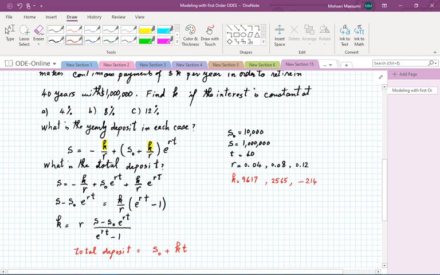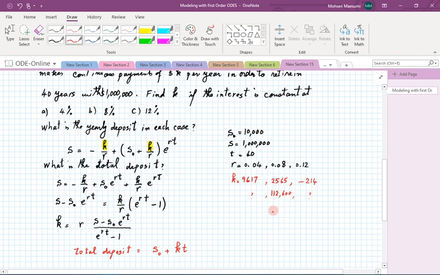So that's the total amount of deposit that you have. We can go ahead, for each of these, make a calculation of what this will be. For example, $10,000 plus 40 deposits of $2,565 a year makes almost like $112,600. You go ahead and calculate this one and that one.